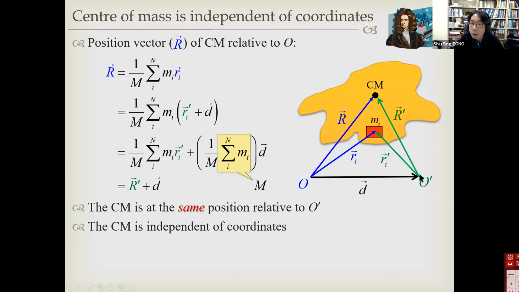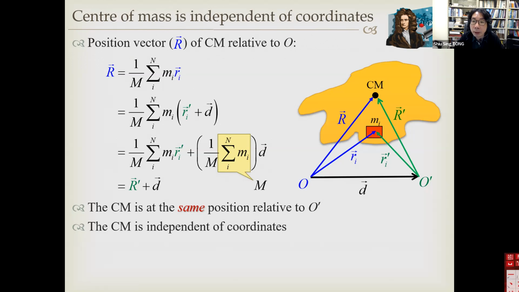Okay. Now, how about a mass in general? Suppose I divide a large object into many small pieces, and for the piece M_i, its position relative to the unprimed coordinate is R_i, and its position relative to the primed coordinate is R_i prime. Again, I'm using a prime to denote the position relative to the primed coordinate.